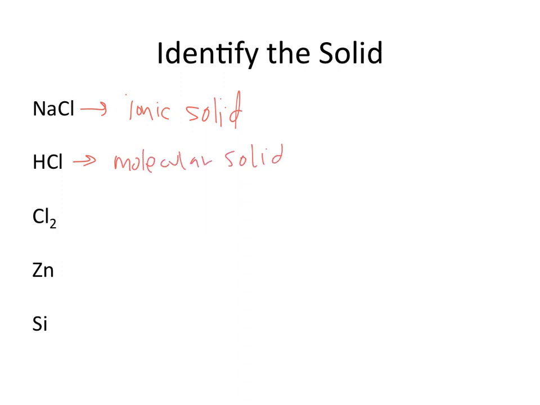And molecular solids form from intermolecular forces, and the type of intermolecular forces causing the formation of this molecular solid are the dipole-dipole interactions, because that's a polar molecule. Cl2 is a molecule with covalent bonds.